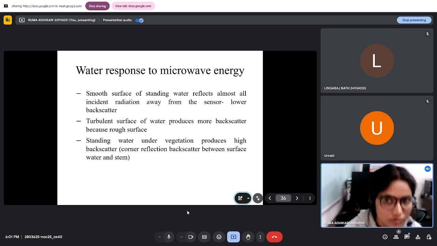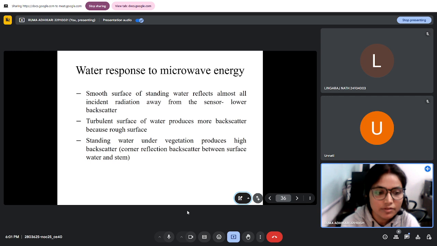So, water response to microwave energy. Smooth surface of standing water reflects almost all incident radiation away from the sensor. So lower backscatter, the sensor will almost not get any energy, so it will appear darker. Turbulent surface, that is when there are ripples, produces more backscatter because of the rough surface.